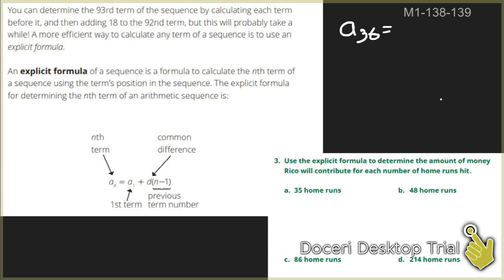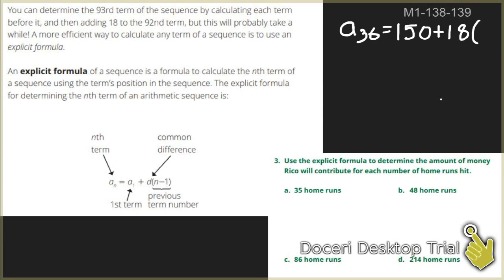And that's going to be equal to a1. Well, the first term in the sequence was 150 plus the difference is 18. And then here's where I said it's literally in the number term minus 1.